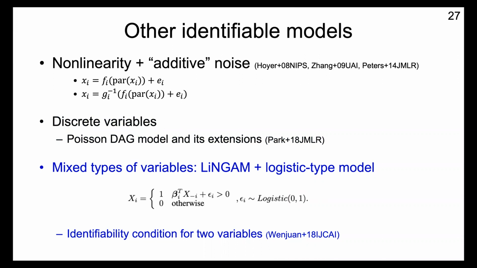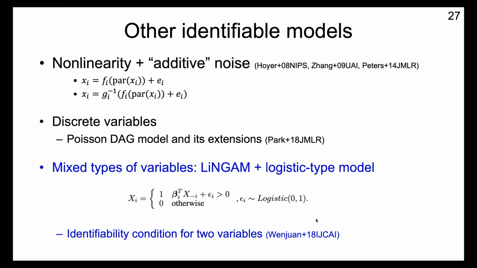For example, we assume a LiNGAM-like model when the effect variable is continuous, and we use this logistic type model when the effect variable is discrete.